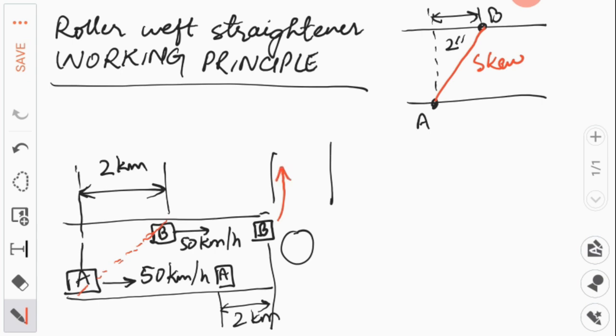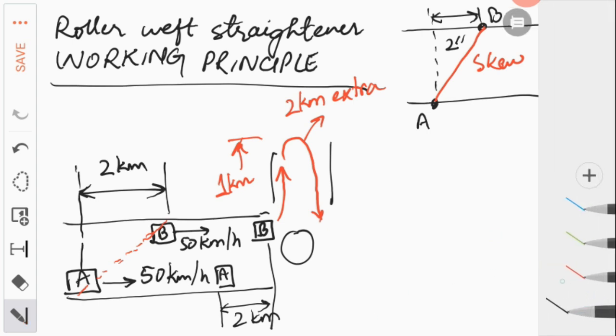Now let's say the driver of car B is asked to take the exit and cover an extra distance as shown here. So let's say this extra distance is 1 kilometer either side. So 1 kilometer up and 1 kilometer down. So the total extra distance car B travels in this way is 2 kilometers.